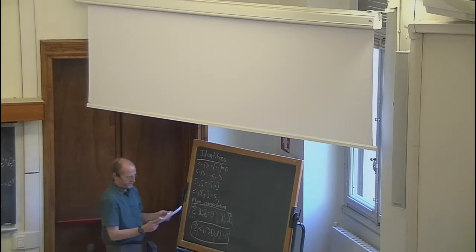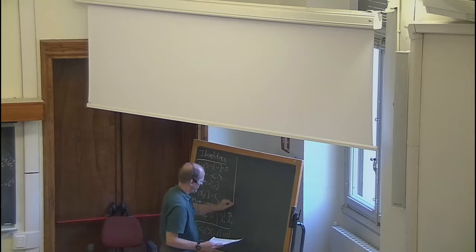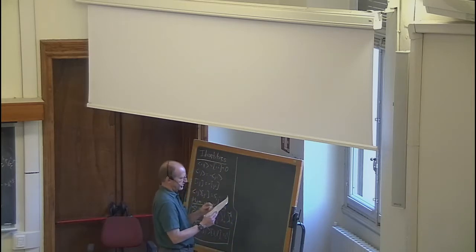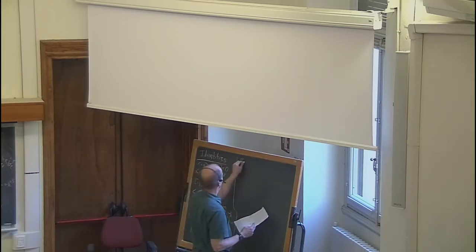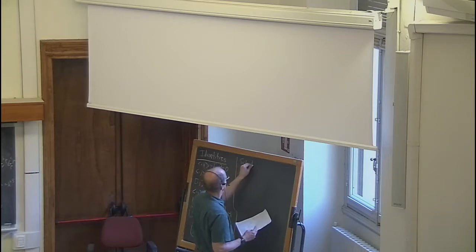So then there's one more identity that is used universally, which is the Schouten identity.